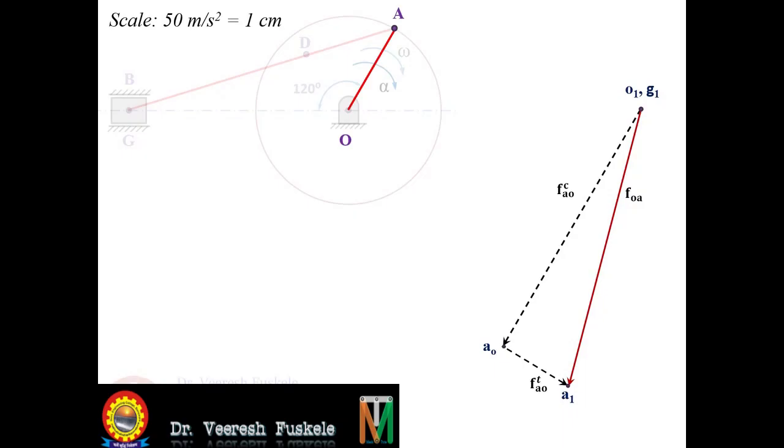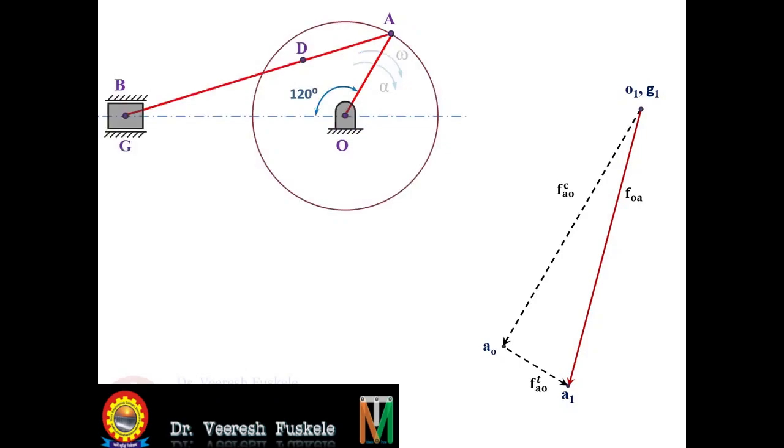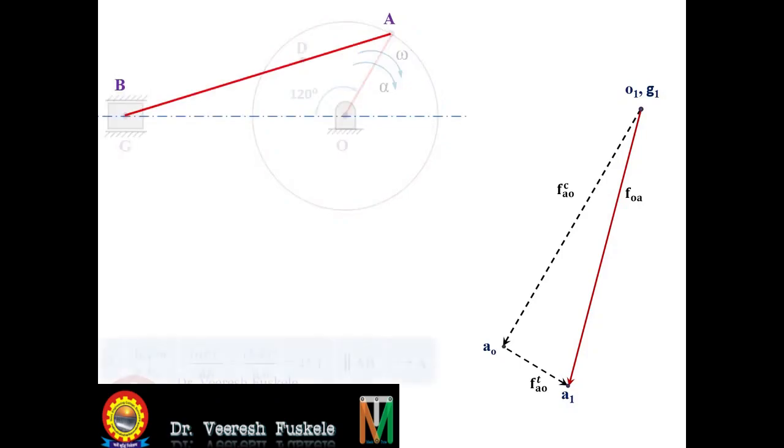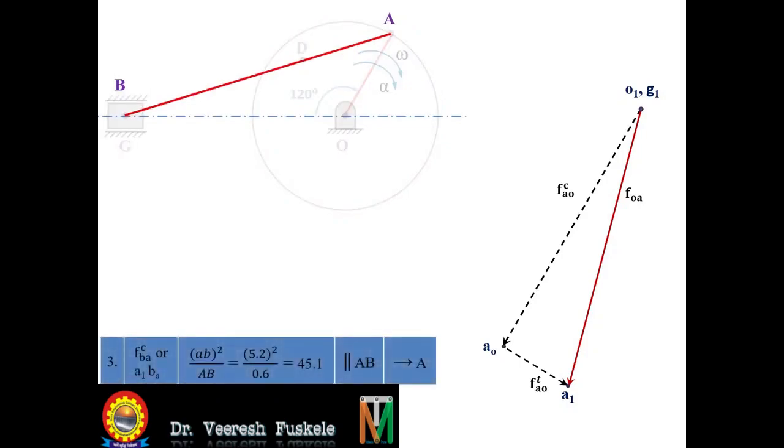After getting A1, we will draw the acceleration of B relative to A. So we have already calculated the value of the centripetal component of B relative to A. That will be represented by A1BA. The value is 45.1 meter per second square.